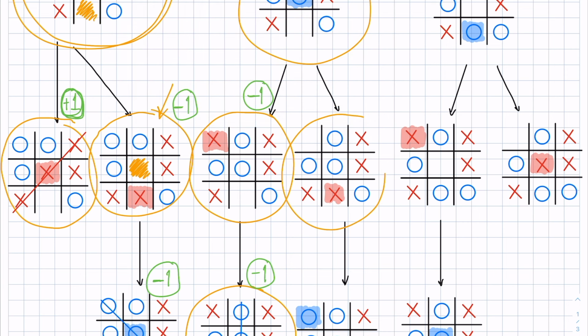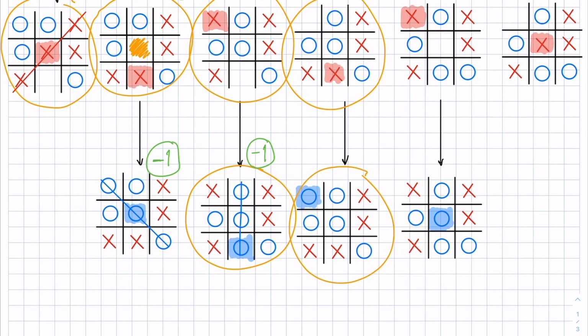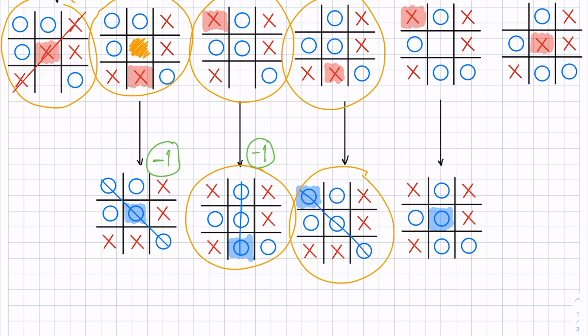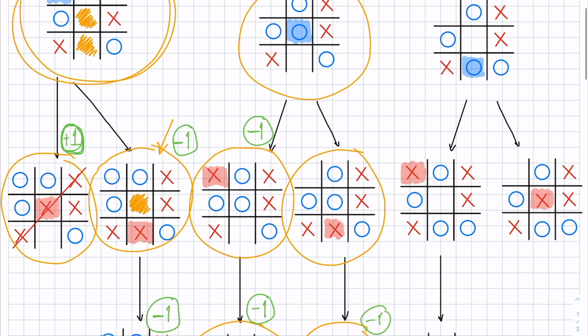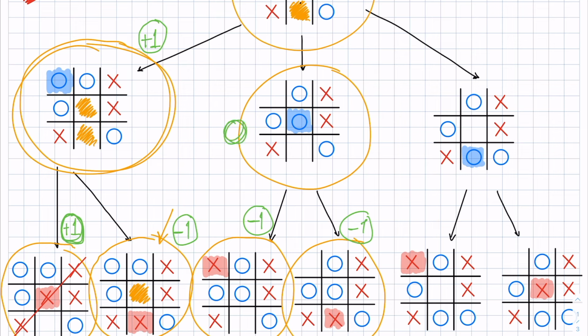And we do the same for this one on the right. It's not a terminal case, so we check the following one and we reach a terminal case, which leads to an evaluation of -1 as well. I want you to see that from this level to the one that is down, the maximizing player is the one marking the next square.